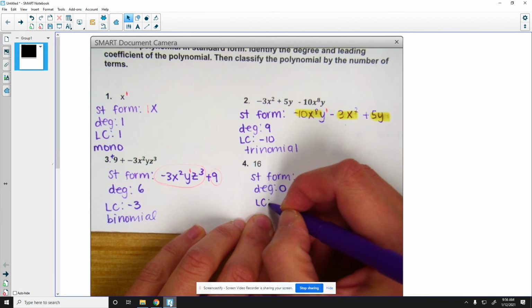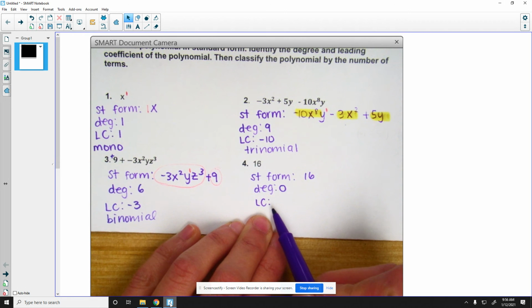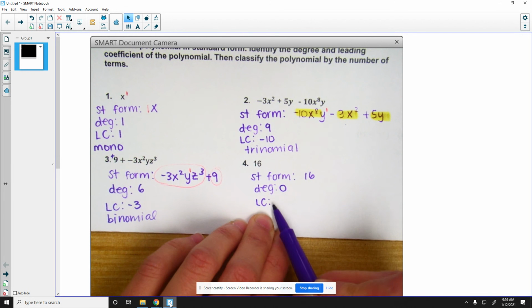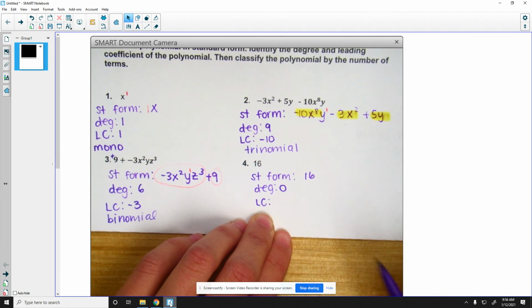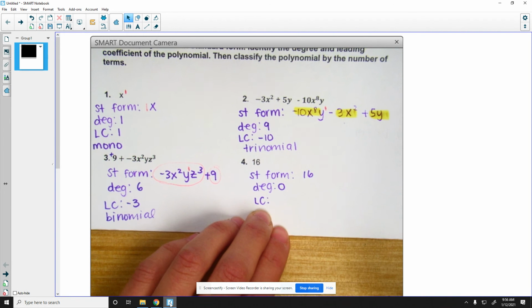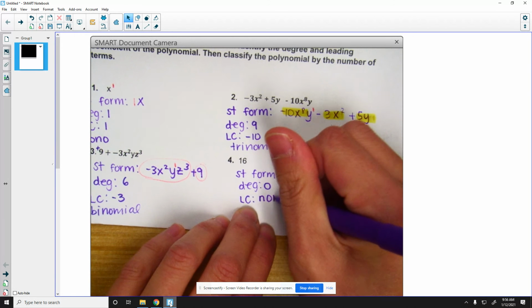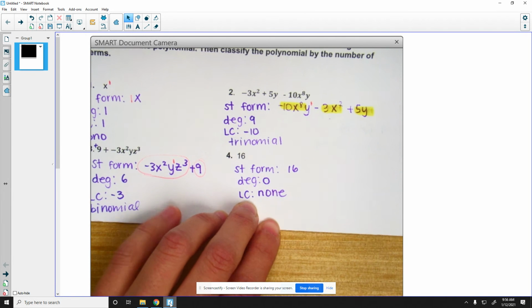Next one. Okay, we've never talked about this before, the leading coefficient. And I'll tell you right now, it's not 16. Not 1. It's not 0. Not 7. Okay, so it's none. There is no leading coefficient.